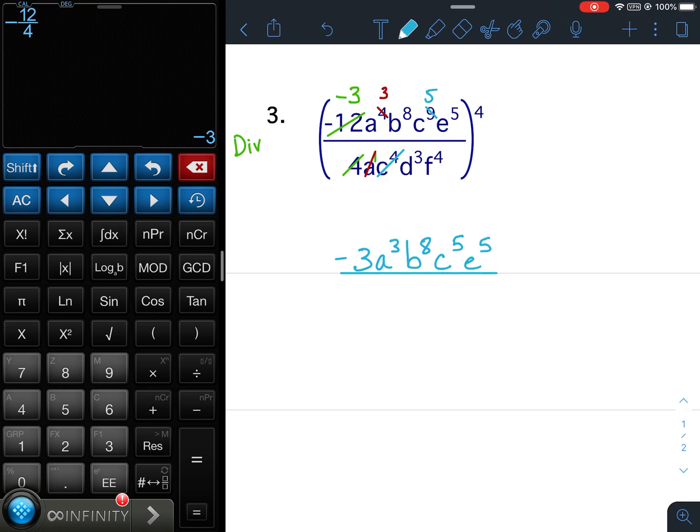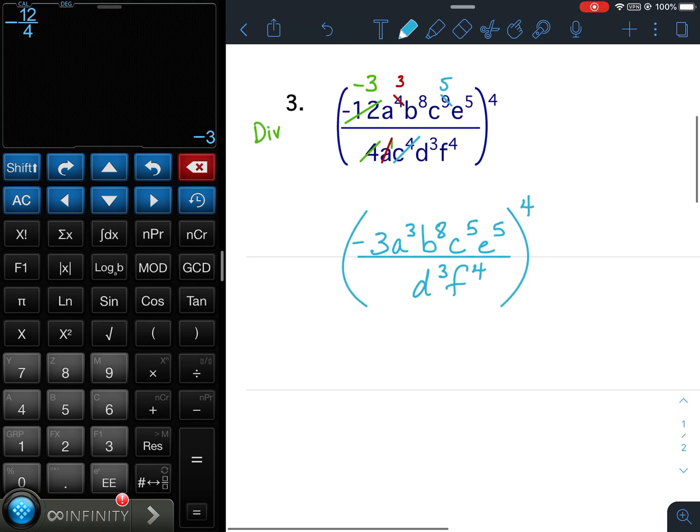On the bottom, I have d to the 3rd and f to the 4th. And all of that should be in parentheses, raised to the 4th power. Now that we've done everything we can on the inside, now we will do power of a fraction, getting rid of that exponent on the outside.